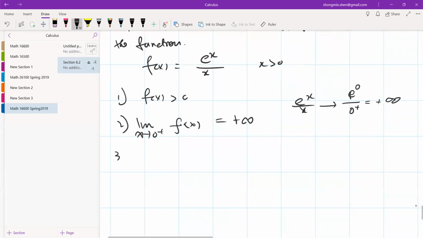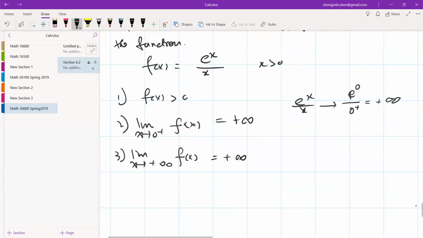The third point, as x goes to infinity, this is going to be also infinite.